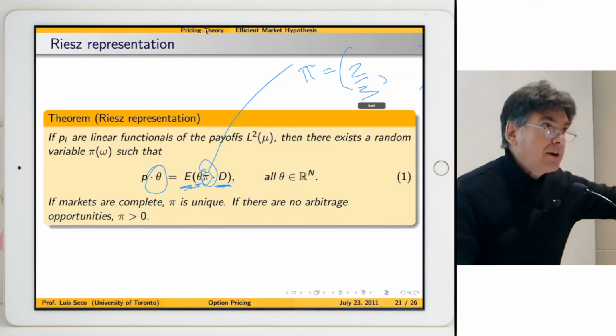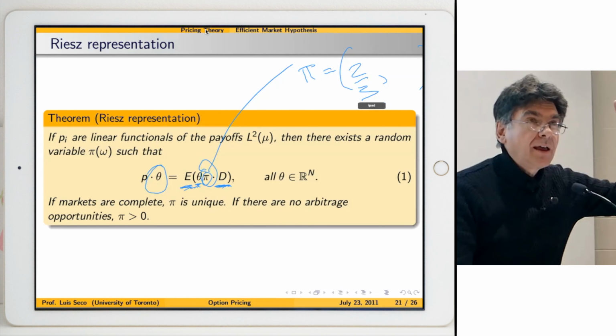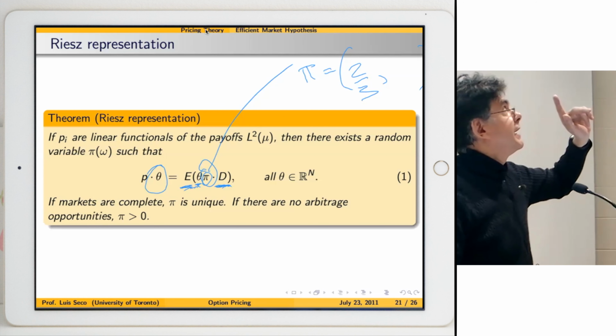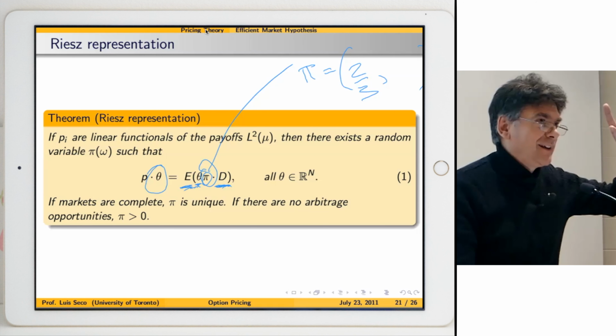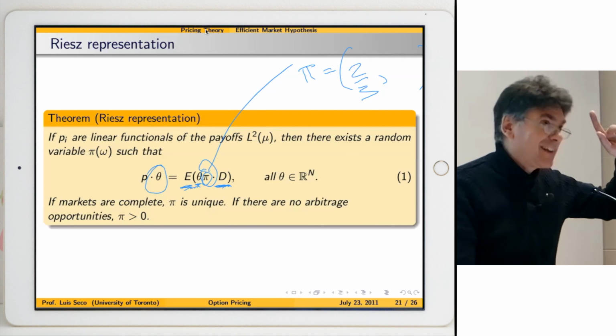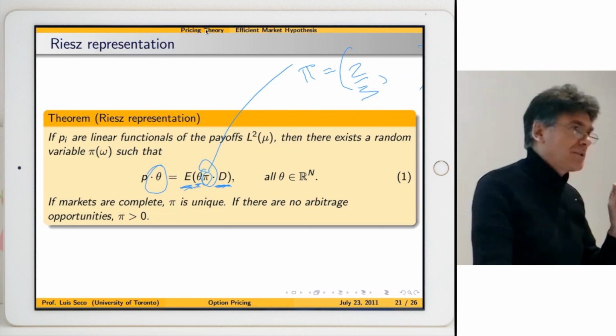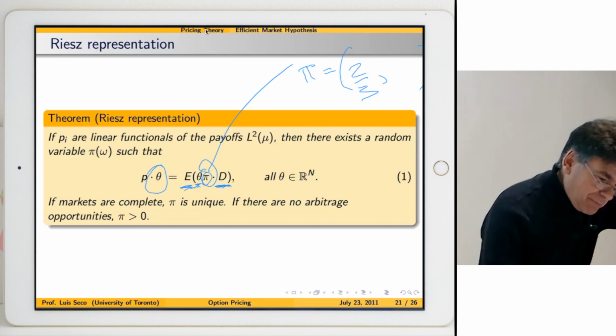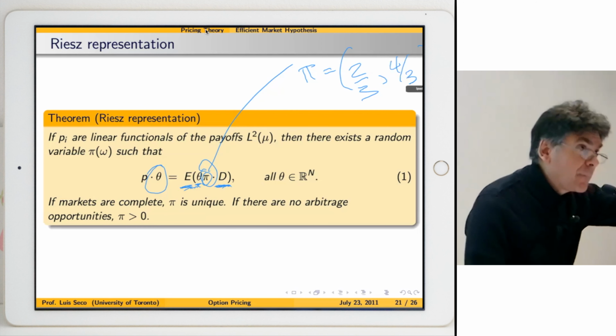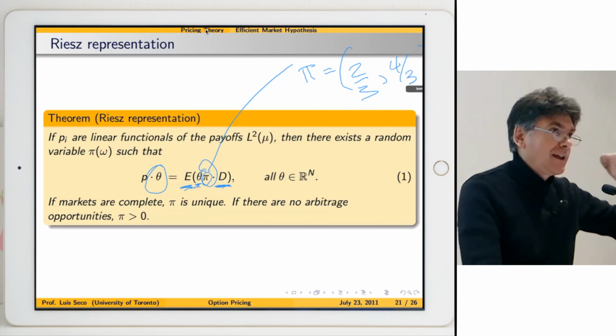Yeah. And the second one? What was it again? Is it 0? No, not 0. 4/3. Yes, that's the pi.